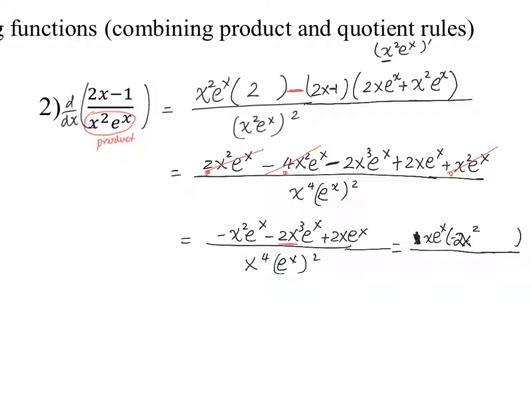And the next one is minus x. This is my next highest term. And the lowest term is just plus 1, over x to the fourth e to the x squared. So we can cancel one e to the x, and we can cancel one x. So eventually this is what we have: (x cubed e to the x) times (minus 2x squared minus x plus 1).